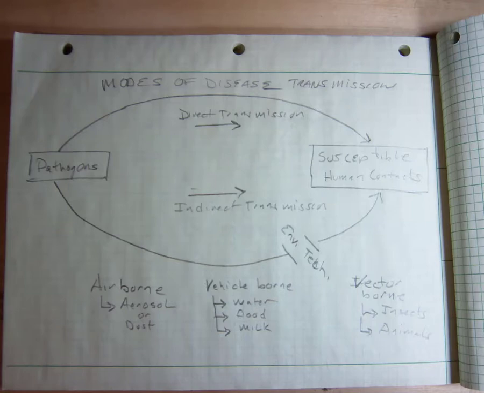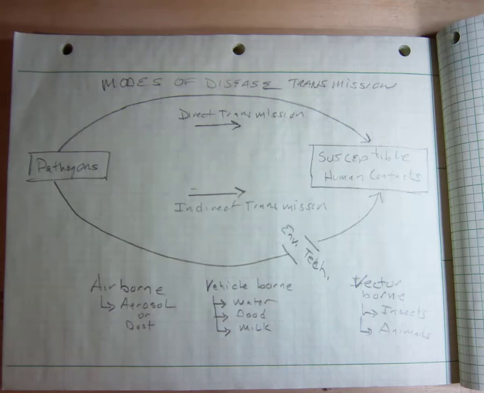The indirect transmission of pathogens is airborne, vehicle-borne, or vector-borne. Again, airborne is through aerosols or dust. Vehicle-borne is through an ingestion of water or food or milk, for instance.